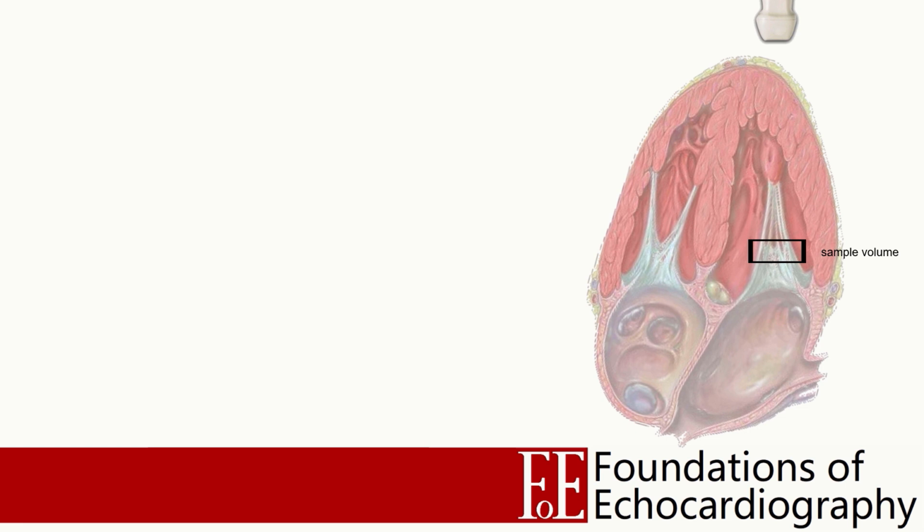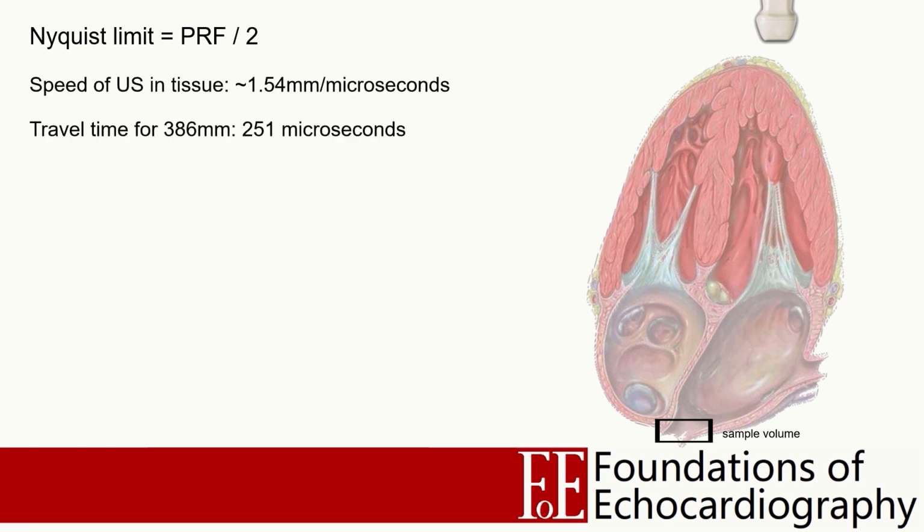We know that the Nyquist limit is dependent upon the depth of the sample volume. The further the sample volume is from a probe, the longer the ultrasound needs to wait between pulses. So what happens if we drop the sample volume down into the far field and place it over this pulmonary vein? Now the furthest edge from our sample volume is 193 millimeters from our probe. This drops the Nyquist limit down to 1995.